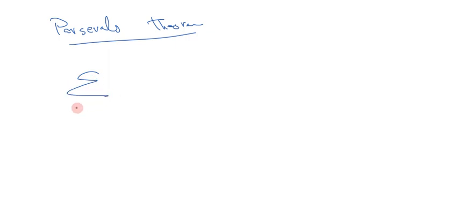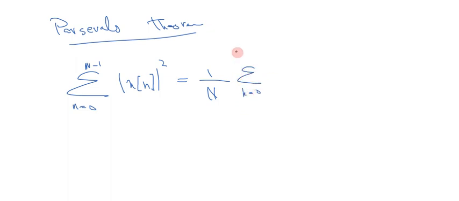Another property is known as Parseval's theorem, and it states that the sum from 0 to n minus 1, which is basically the energy in time domain, will be the energy in frequency domain. This is the Parseval's theorem.